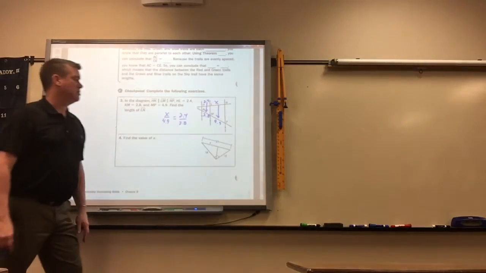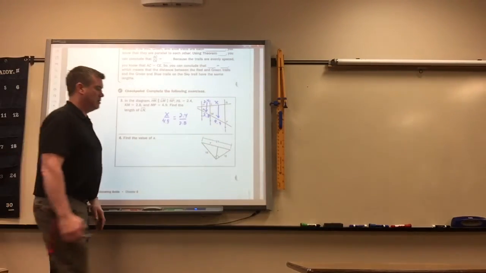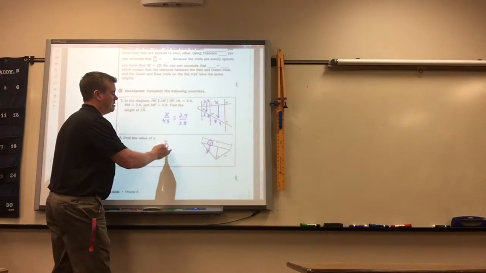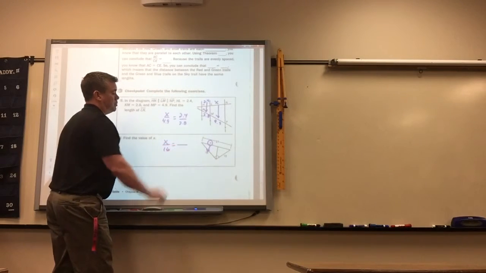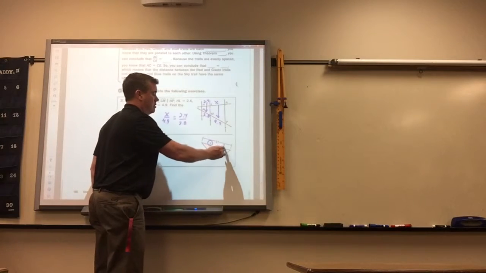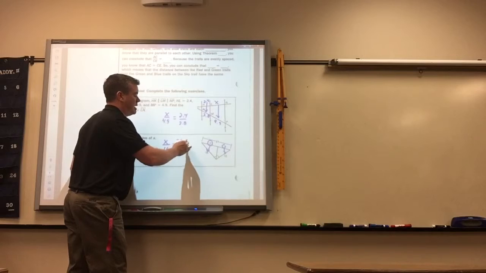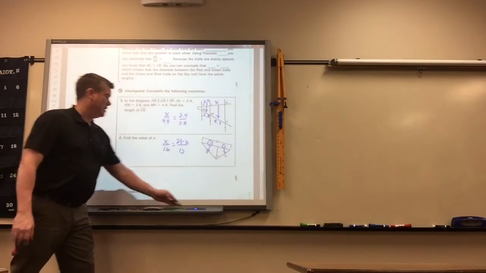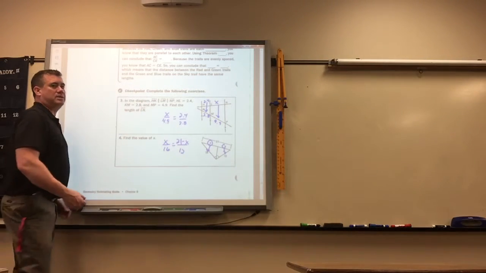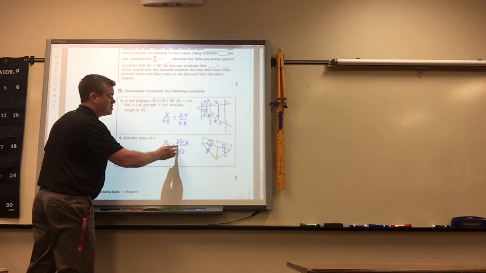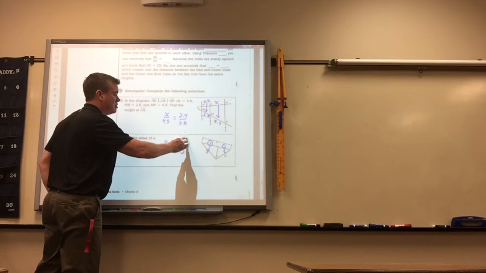Okay. This one, when we set this one up, X is the 16, and then we'd have to put what? The 12. 21, the whole length minus X. So you have to cross multiply 12X equals 16 times both of those.